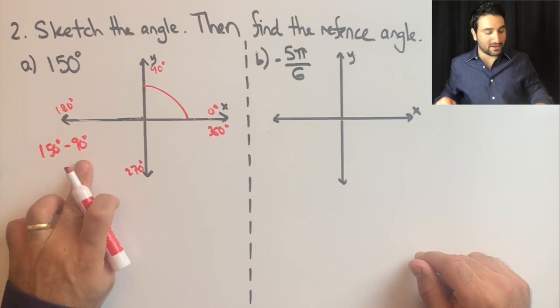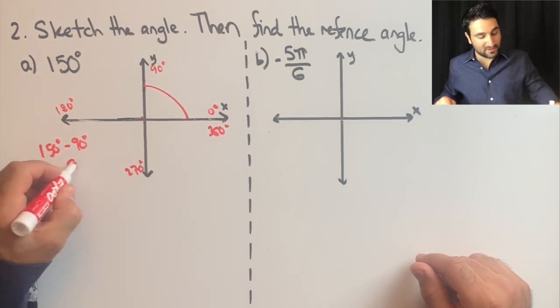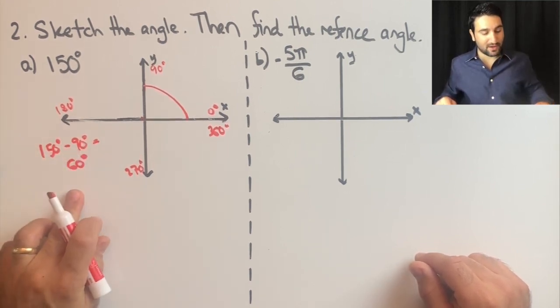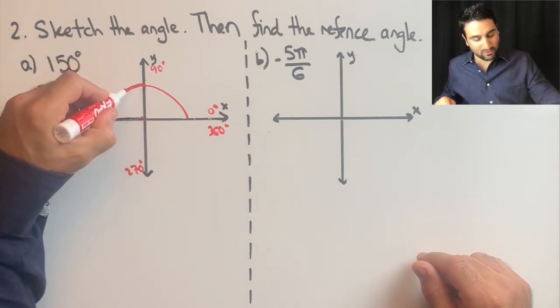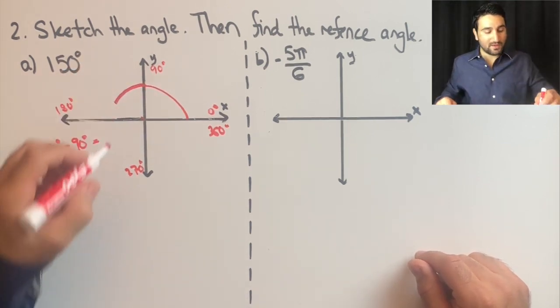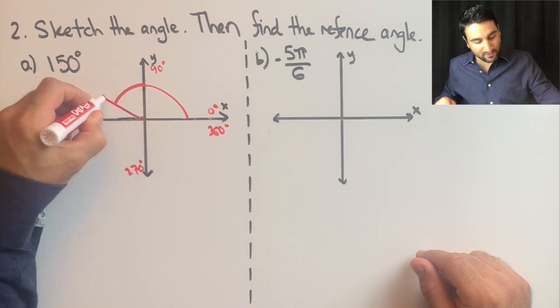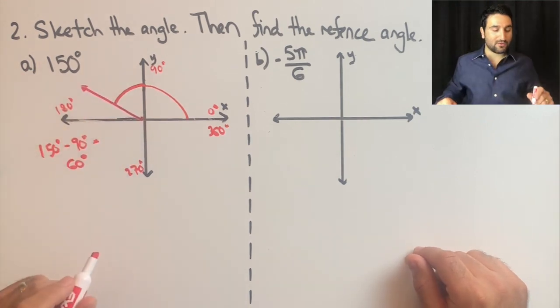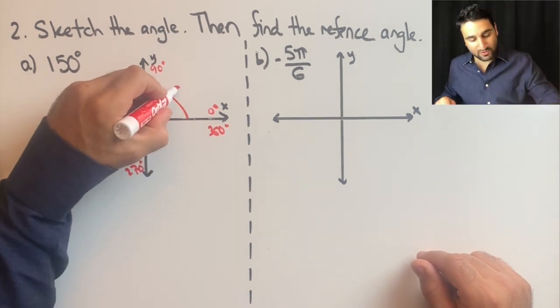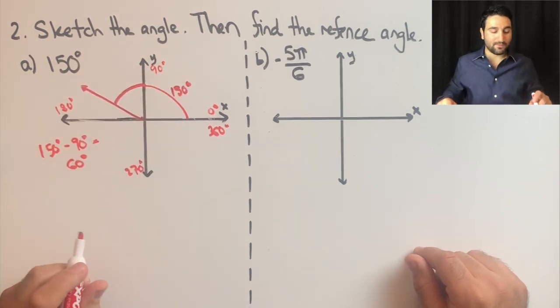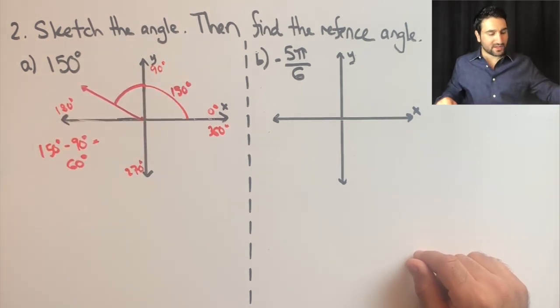We've gone 90, and we're figuring out what's remaining. So that would be 60 degrees. So we're going to go 60 more degrees, which is 2/3 of the way, and draw a line from the origin, creating that angle. So 150 degrees.